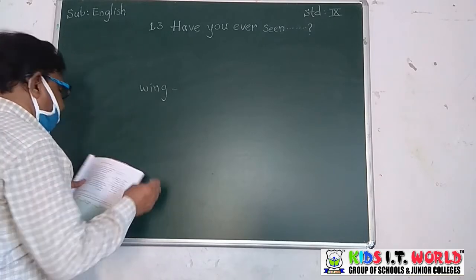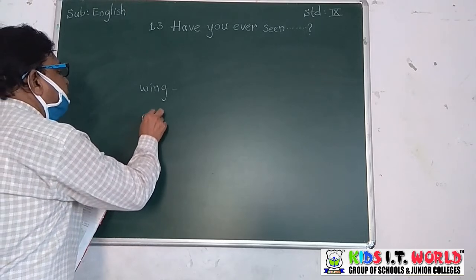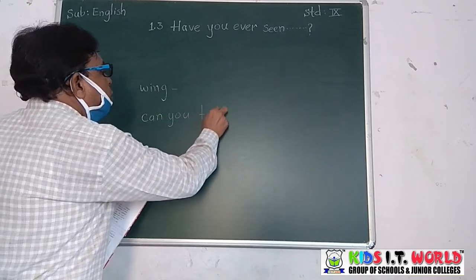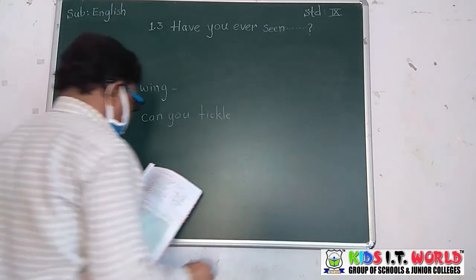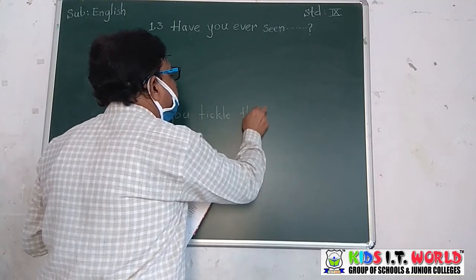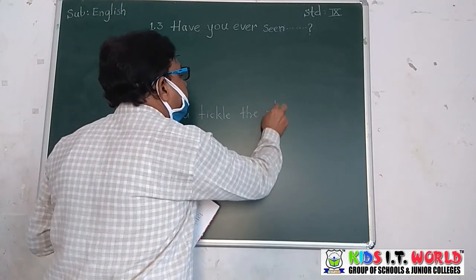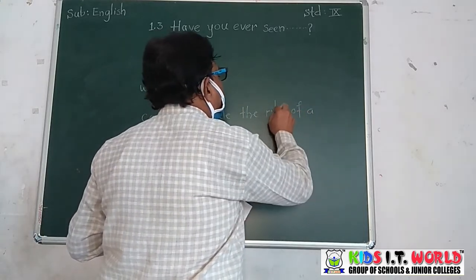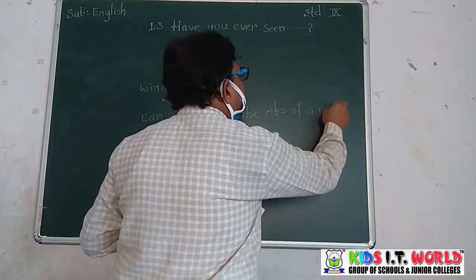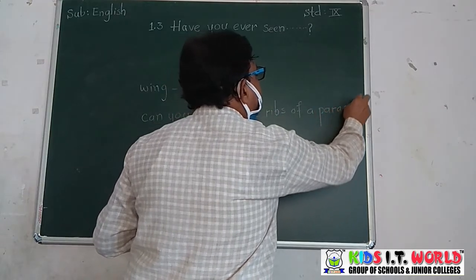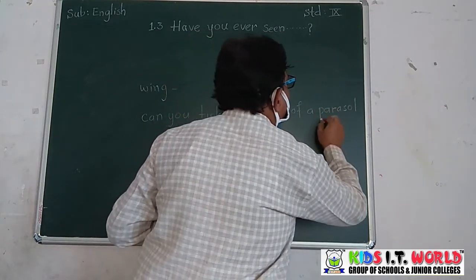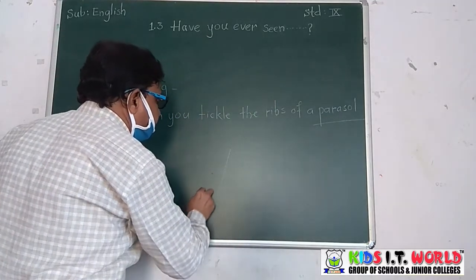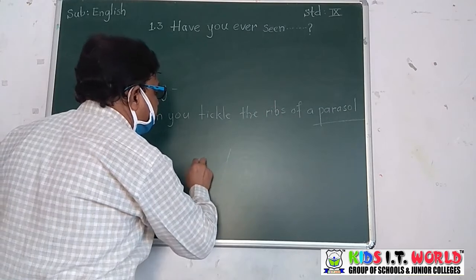Can you tickle the ribs of the parasol? Now see this line. Can you tickle the ribs of a parasol? What is the meaning of parasol? Parasol means umbrella. You might have seen umbrellas.